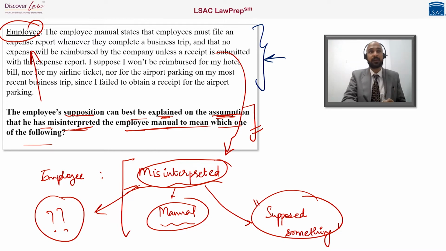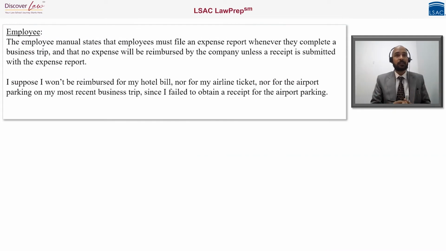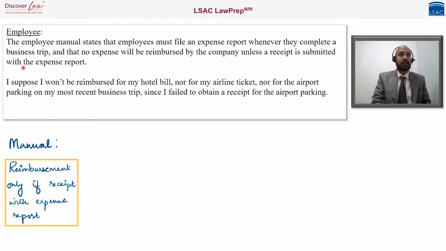Okay, let's go ahead. Here's what the employee says, presented to you in a more readable manner. It says the employee manual states that the employees must file an expense report whenever they complete a business trip, and no expense will be reimbursed by the company unless a receipt is submitted with the expense report. So the manual says reimbursement only if you submit a receipt with the expense report.